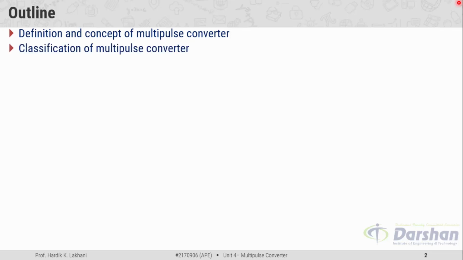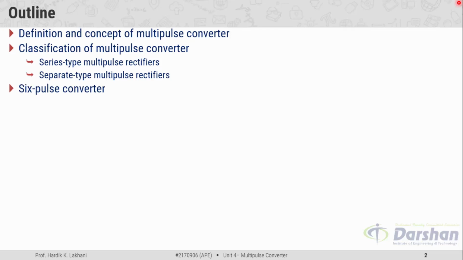So, outline of this unit number 4. The first topic is definition and the concept of multipulse converter. Thereafter I am going to classify the multipulse converter based on the connection: series type multipulse rectifiers and separate type multipulse rectifiers. After that, based on the number of pulses, we can also classify the multipulse converter.